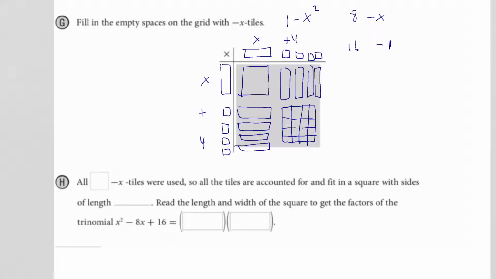Now the topic of this chapter section is perfect square trinomials. And you should remember, if this works out to be x minus 4 times x minus 4, and I made a mistake, it's not plus. These are all supposed to be red tiles.